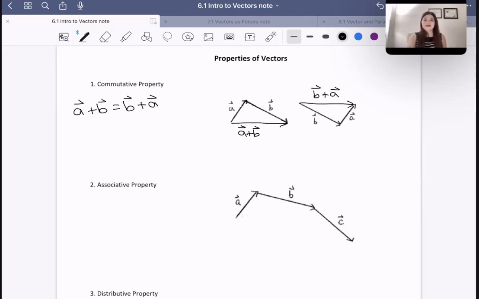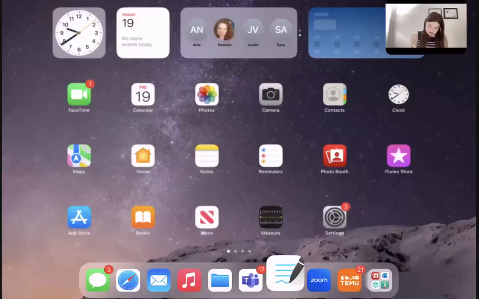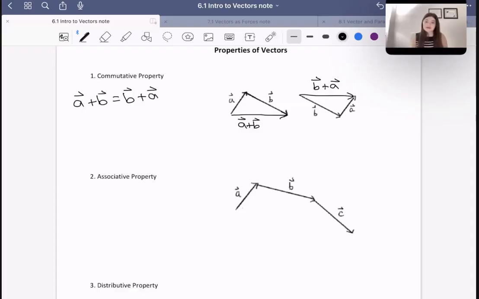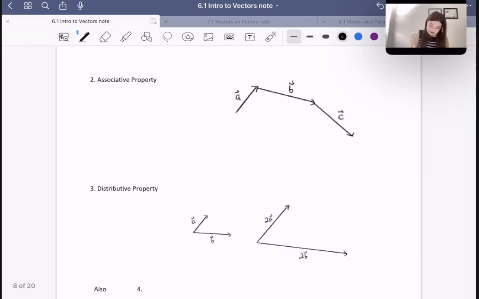Okay, the next one is the associative property. The associative property states that if we have something like vector A plus vector B plus vector C, this is equal to vector A plus (vector B plus C) in brackets.